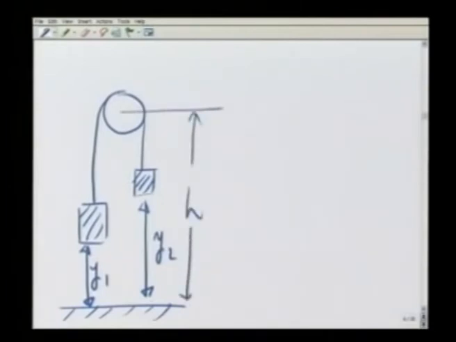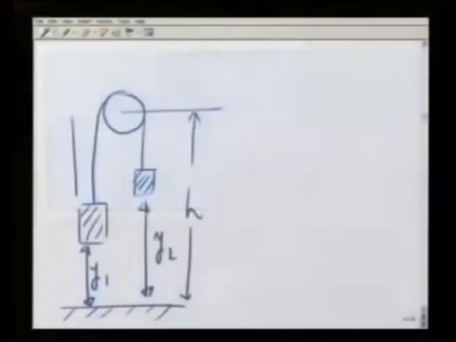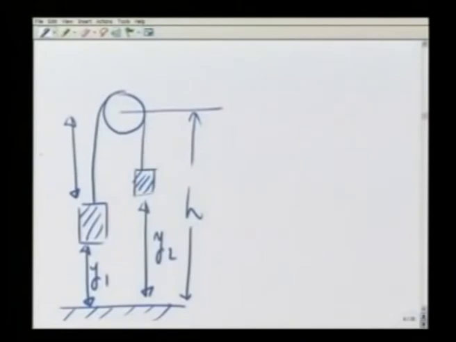And I can express this mathematically as this part, which is h minus y1, plus this part, which is h minus y2, plus this part is of constant length.